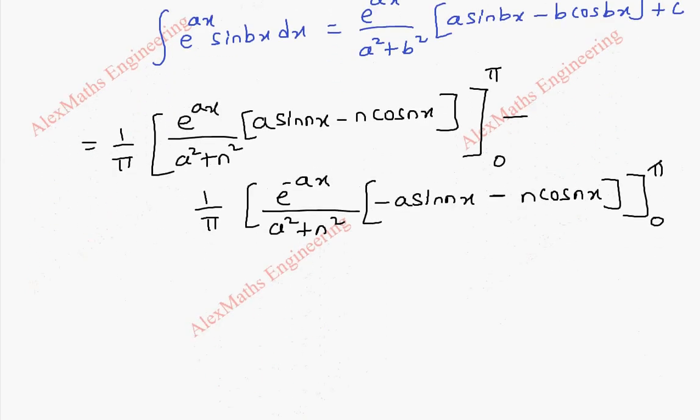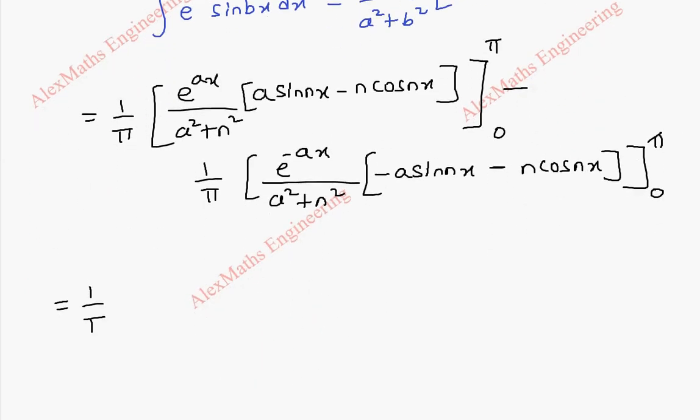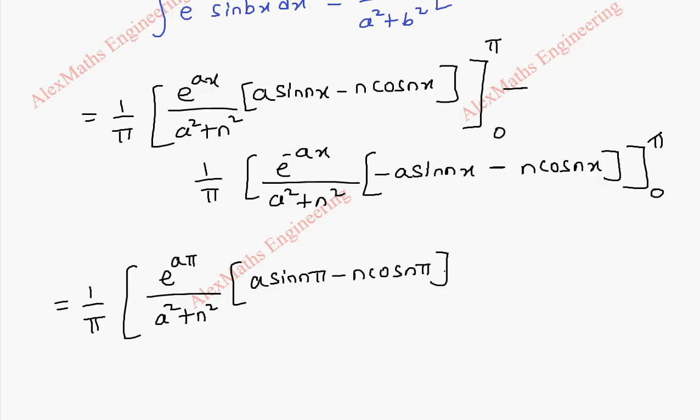Now applying the limits, for the first term we have 1 by pi. This will be e power a pi, because x is replaced as pi. So e power a pi by (a square plus n square) into (a sin n pi minus n cos n pi), minus, when I apply the lower limit, e power 0 is 1 by (a square plus n square), sin 0 is 0, then minus n, cos 0 is 1. So we have only this much.